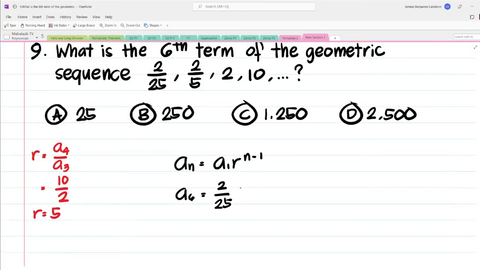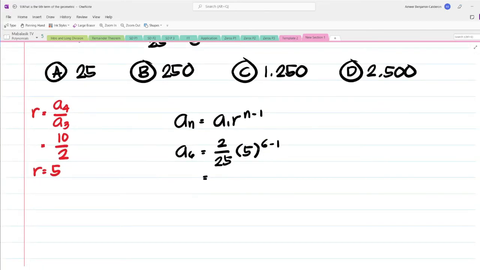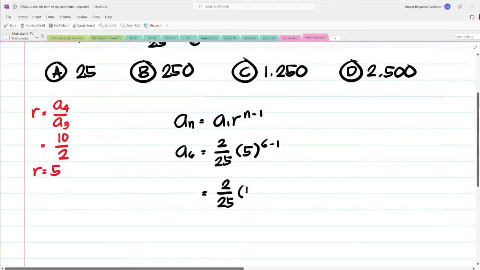So, going back to our solution, this is 5 raised to 6 minus 1. So, we have here now 2. Ayusin ko nga. Tanggalin ko lang to ha. Lipat ko siya dito. 2 over 25 times 5 raised to 5.